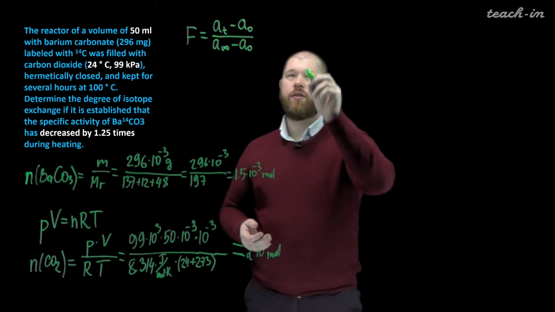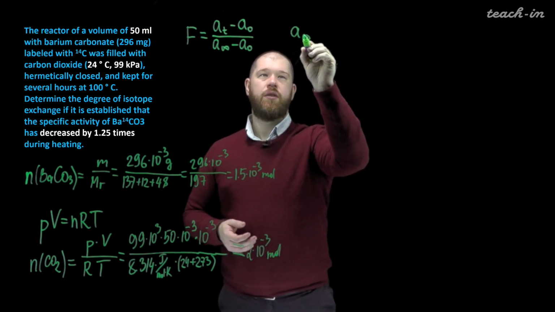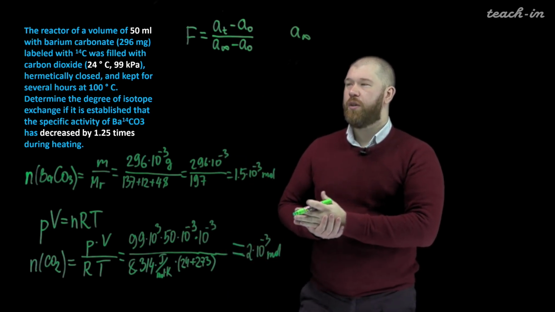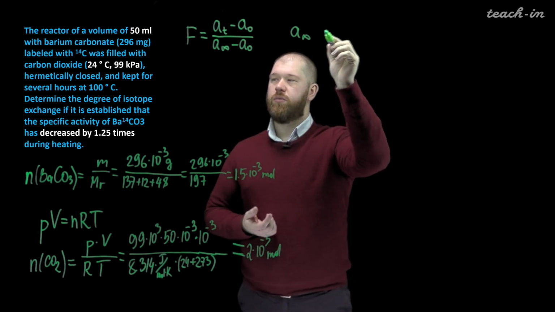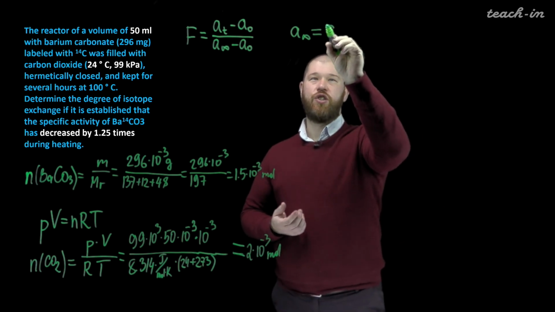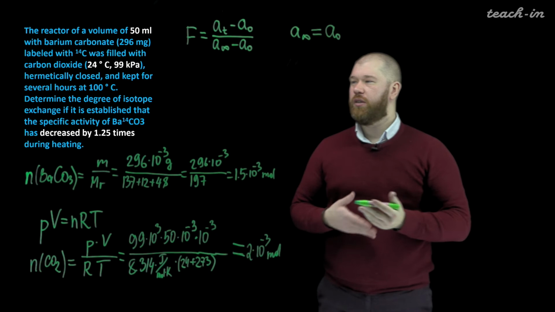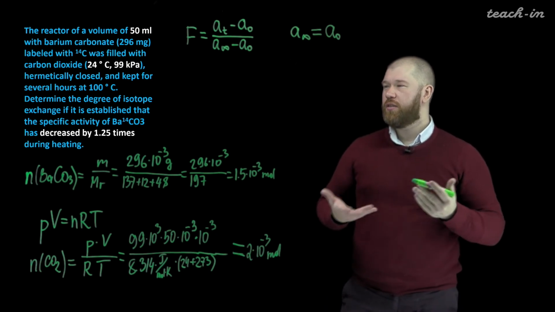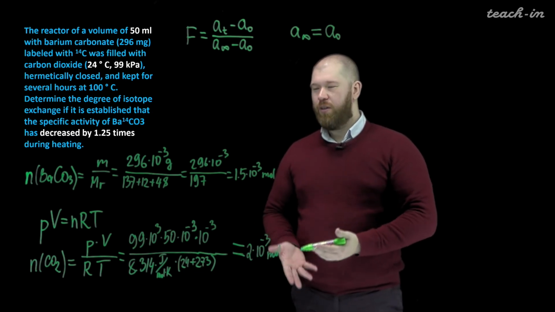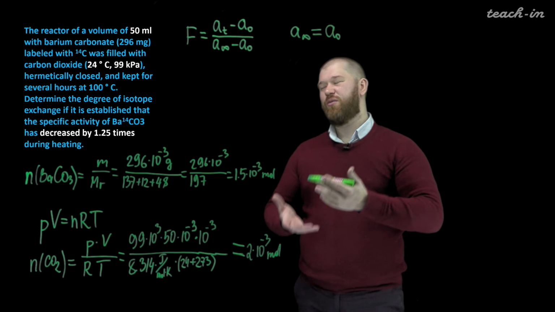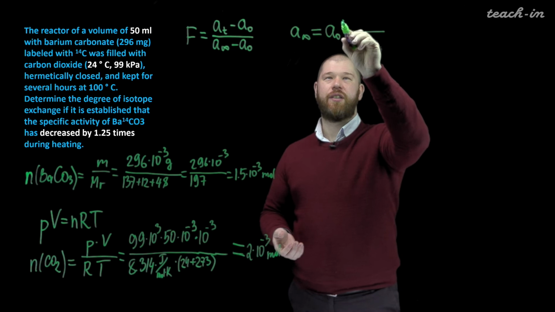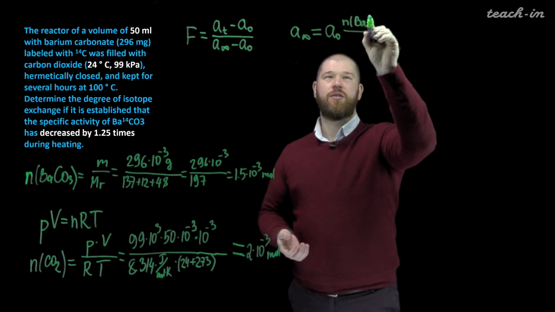So we have to calculate the activity of barium carbonate at equilibrium. If we know the total activity, so it is our initial activity of barium carbonate, there are no other activities inside our system. And now we have to take this fraction of the number of carbon atoms divided by the total atoms in the system.